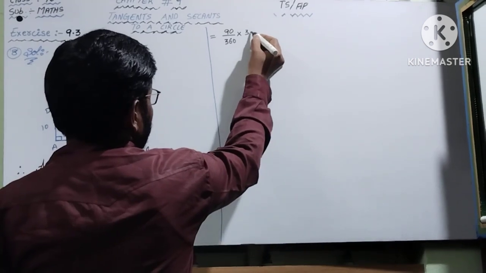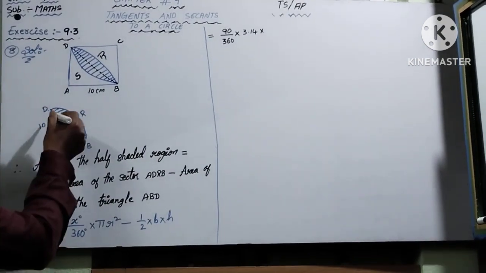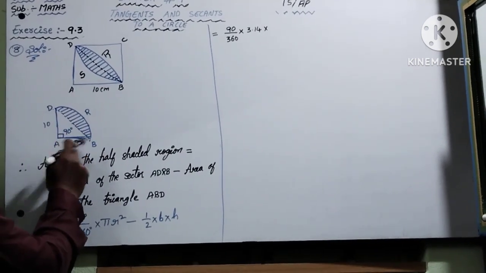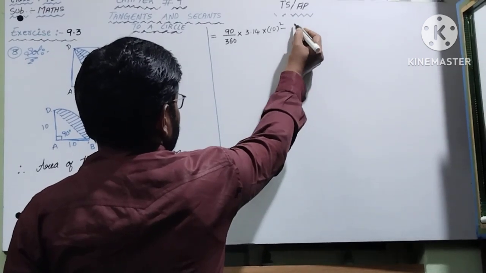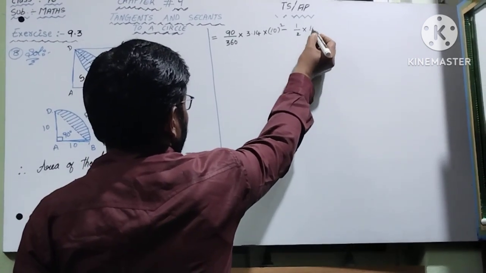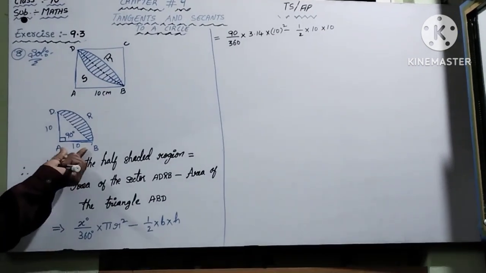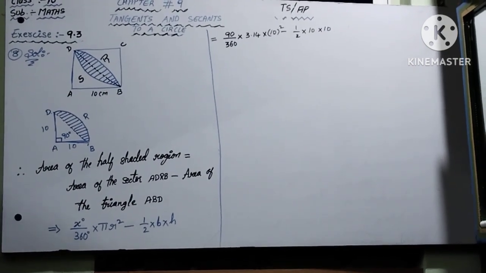Pi value is 3.14, into r. The r value is the radius. I just showed this is the circle and this is the radius. The radius is 10. 10 squared, minus 1 by 2 into base, and the base value is the same, and the height value is also the same. The base is 10, the height is 10 in the triangle. Any doubts? The next step.